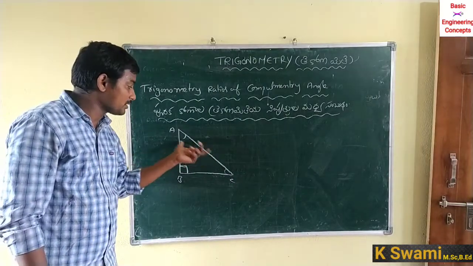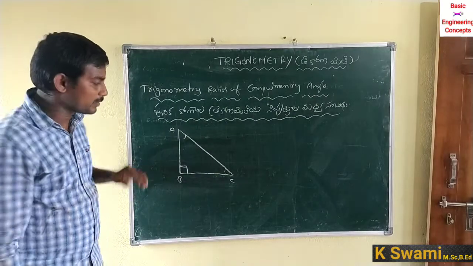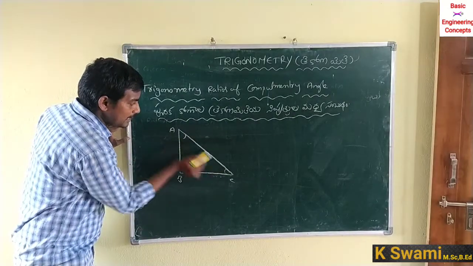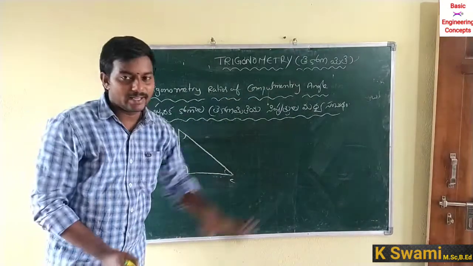The sum of the other two angles is equal to 90 degrees. The other two angles are called complementary angles.